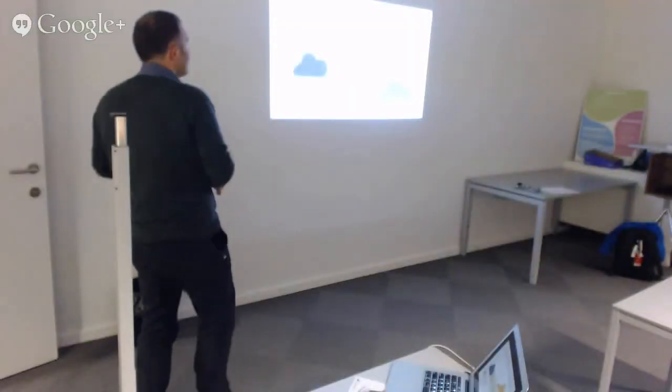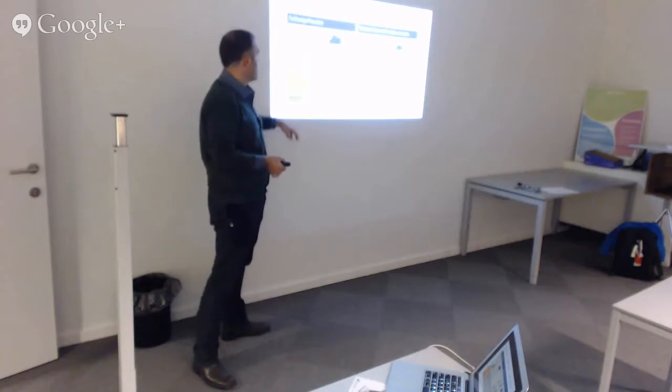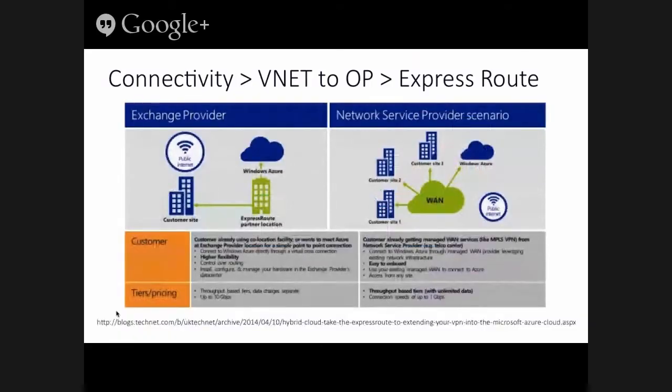Yeah. There are two flavors for ExpressRoute. First one is, I don't get the naming why they put it like that, but somebody might be able to explain that to me someday. But Exchange Provider means that you have, from your office, one dedicated connection through your partner into, sorry, the other way around.